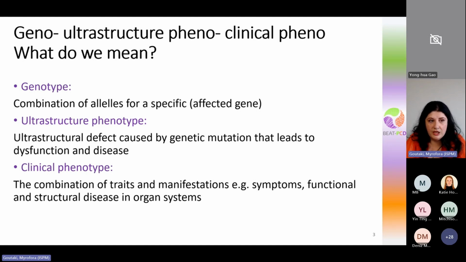Throughout the presentation today, there will be reference to the ultrastructural phenotype, because that plays a very important role in all the genotype-phenotype association studies in PCD. But when we refer to phenotype, we will mean the clinical one.